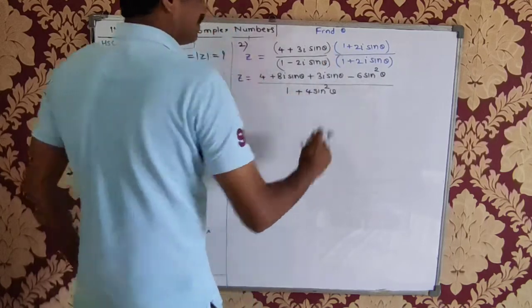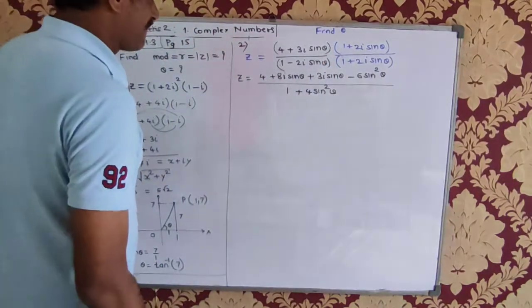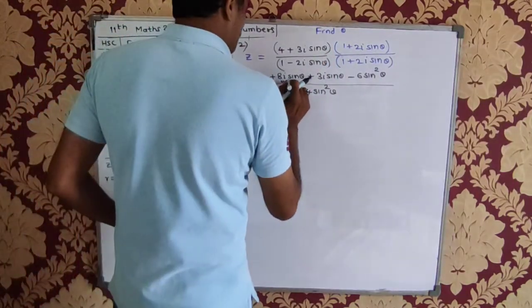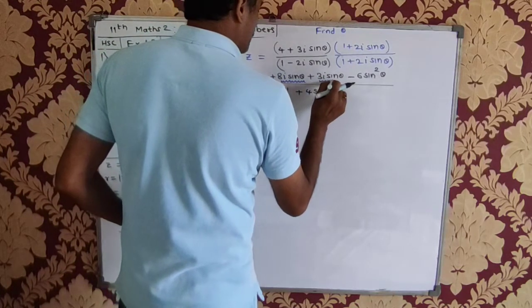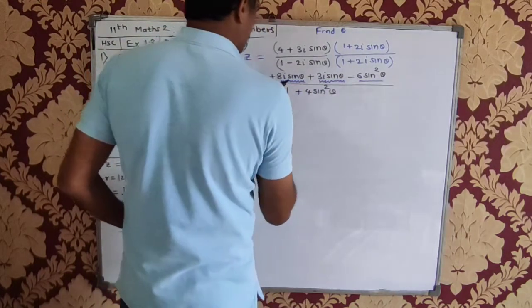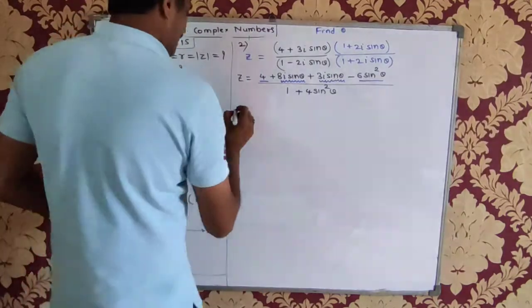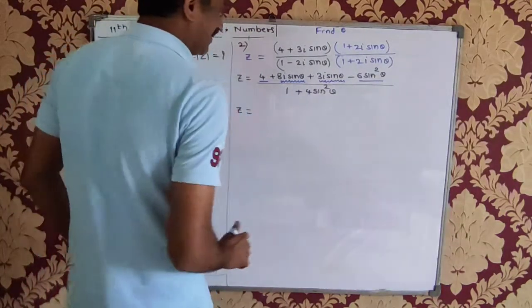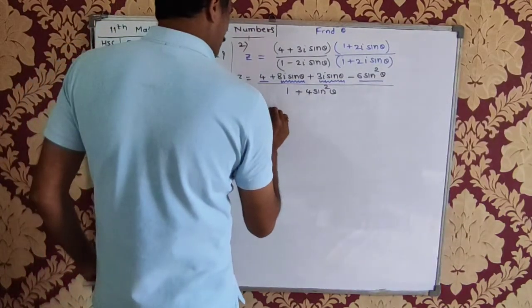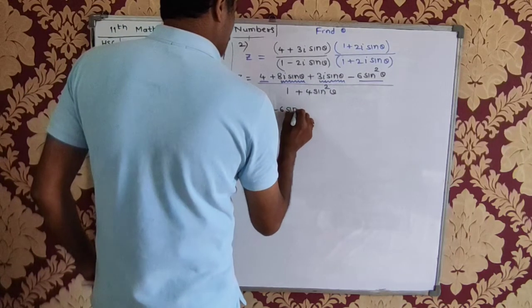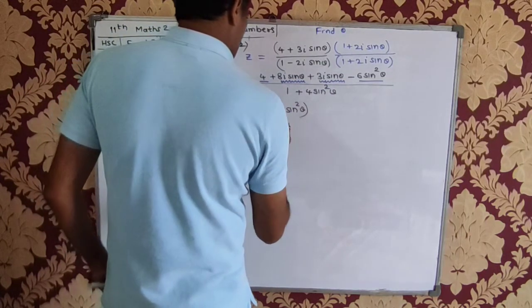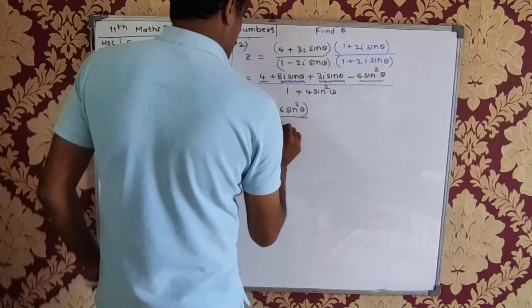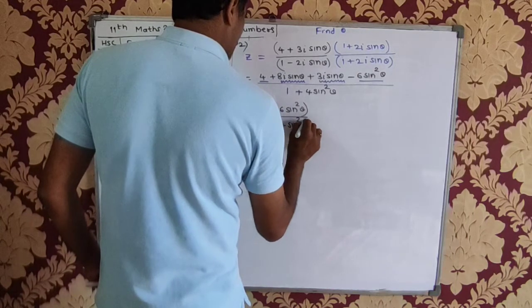I hope this is clear. Now these are the parts containing the imaginary part, and this is the real part. So I'll say z is equal to, separating out the real and imaginary parts, 4 minus 6 sin square theta upon 1 plus 4 sin square theta, correct?